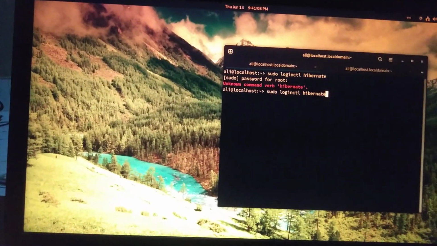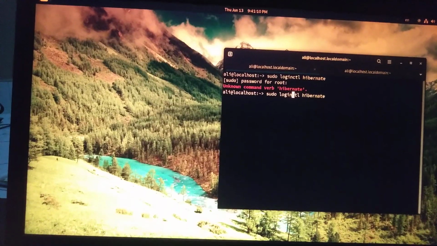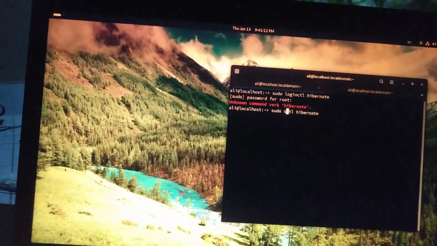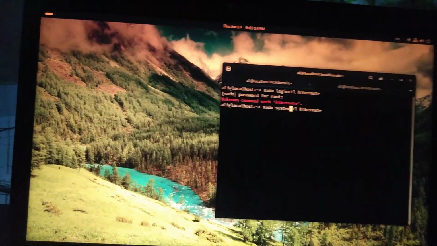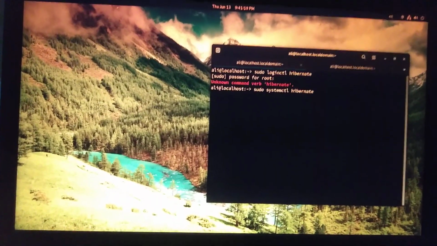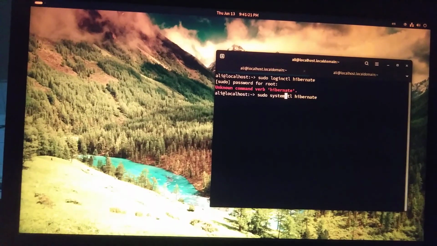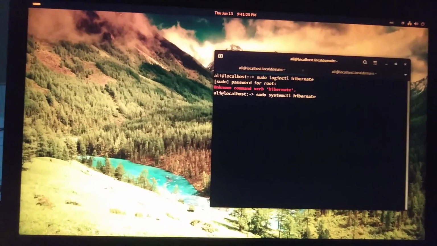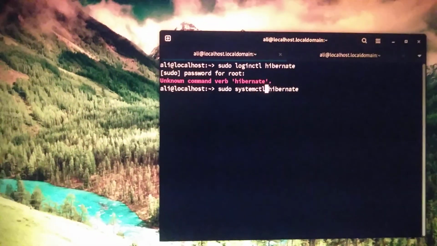Yeah, so it doesn't work. That command is for Gentoo, and it worked flawlessly for me. I don't remember having to make any extra configurations. So the command is sudo systemctl hibernate.